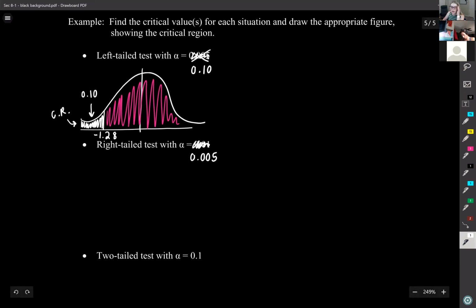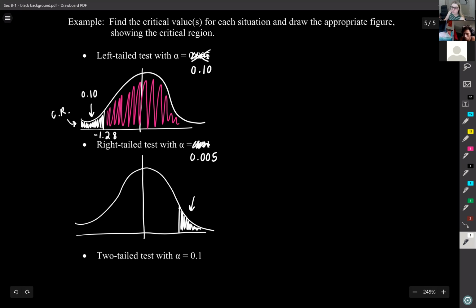All right, let's try the next one, which is a right-tailed test with alpha equal to 0.005. If I draw my distribution, I know that in this right tail, I want a critical region with an area of 0.005.